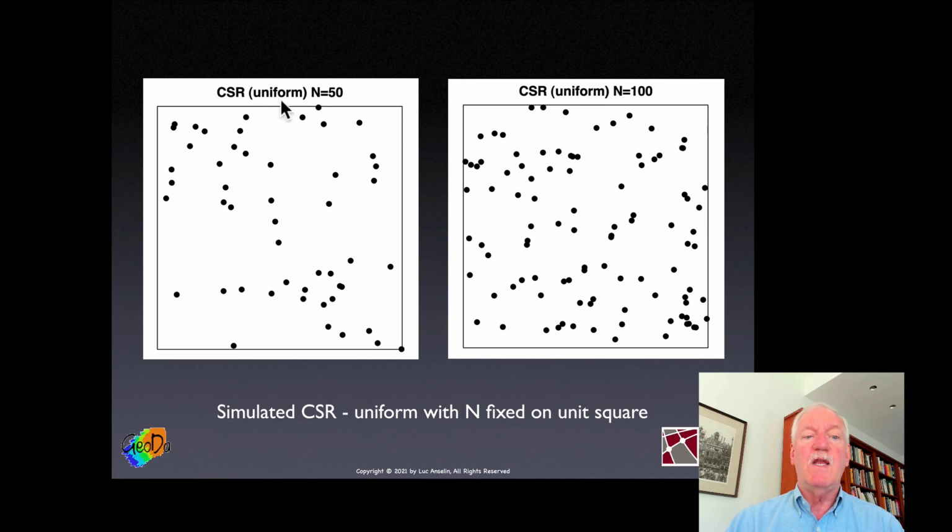But if we do this many, many times, then we'll see the distribution of this average intensity in this little box converging to the actual population intensity. And that's one way to get a sense of how much randomness is in the process, even for a process that has no structure whatsoever.